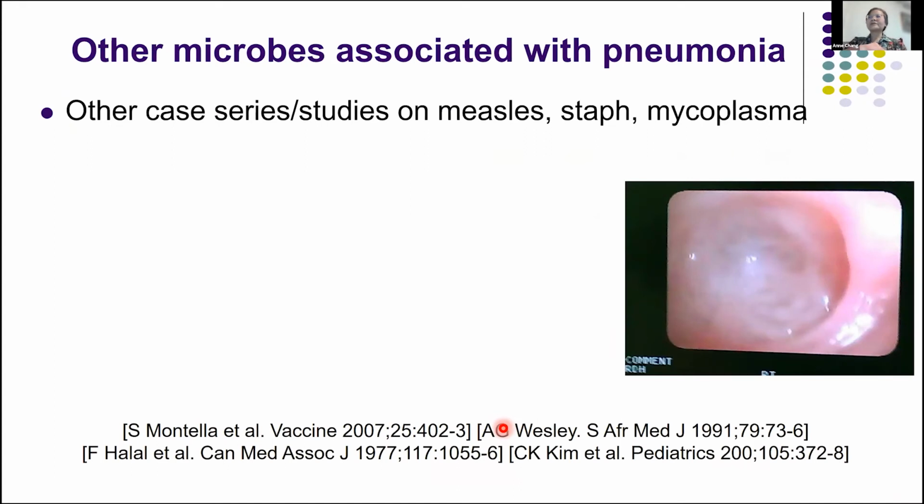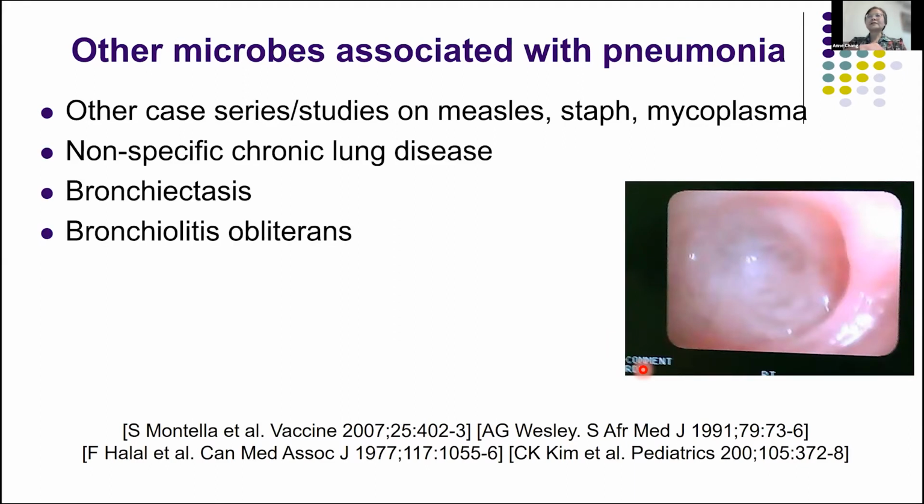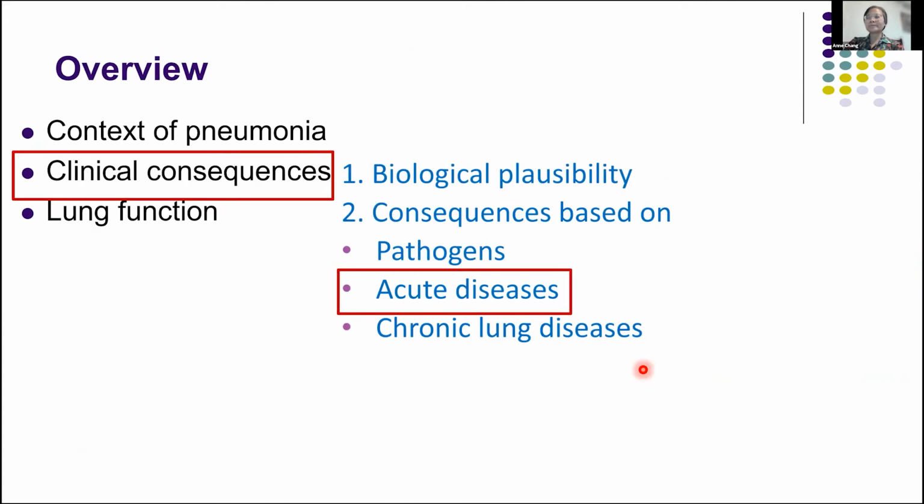And most of you would have seen bronchoscopy like that, which is bronchiolitis obliterans, and that occurs in conditions post-measles, staph and mycoplasma, but it's non-specific chronic diseases that occur post these infections, and bronchiectasis is also one of those components, and those are some of the references down there.